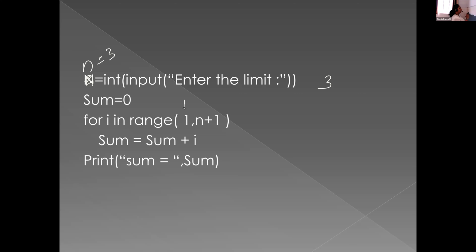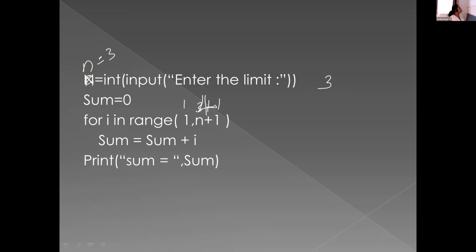What is n? Stop value. Yes, it is the stop value. Now, in this program, what is the value of n plus 1? 4. Yes. The n value is 3, so 3 plus 1, it is 4.